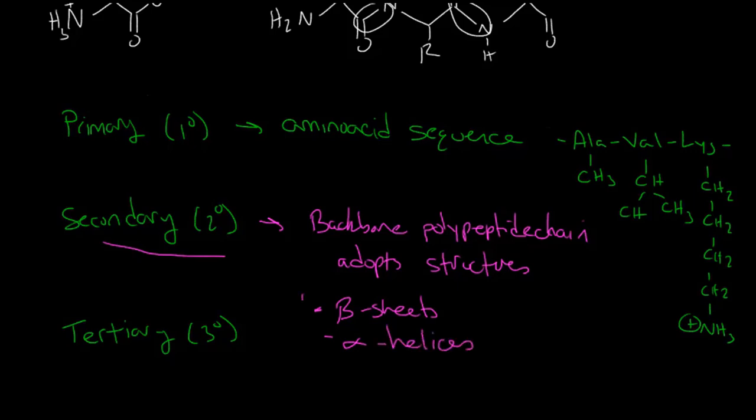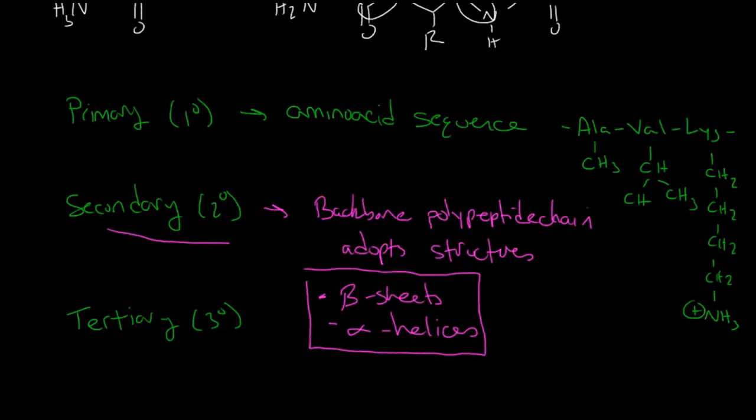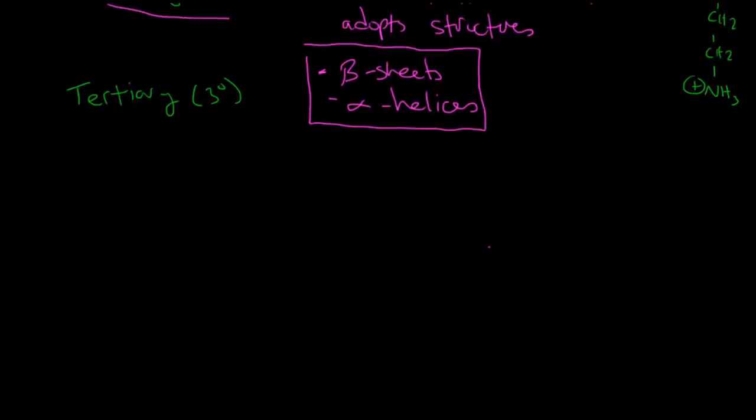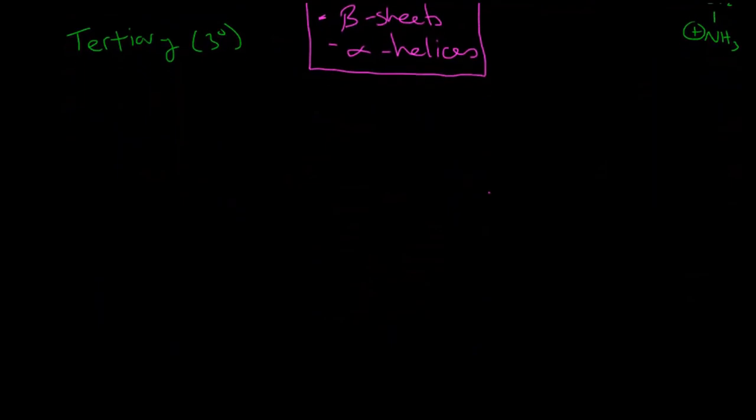These two secondary structural elements, or motifs, are going to have dedicated videos to discuss them. But in general, when we're thinking about secondary structure, we're thinking about these conformations that fold within the polypeptide chain.